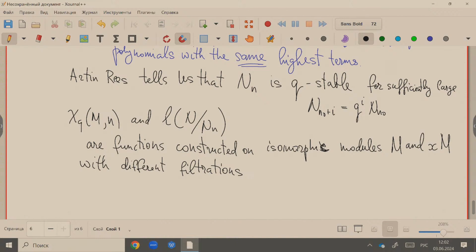But they are both Q stable and equivalent.